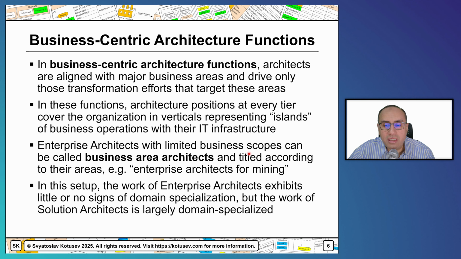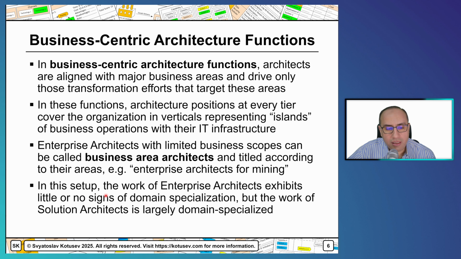Enterprise architects with limited business scope can be called business area architects, and titled according to their area, such as enterprise architect for mining or whatever. It is very common that I found, even in big companies, something like an FSI enterprise architect, which means an enterprise architect who is specialized in the financial services industry. There is another one, a telecom enterprise architect, who again is specialized in the telecom industry.